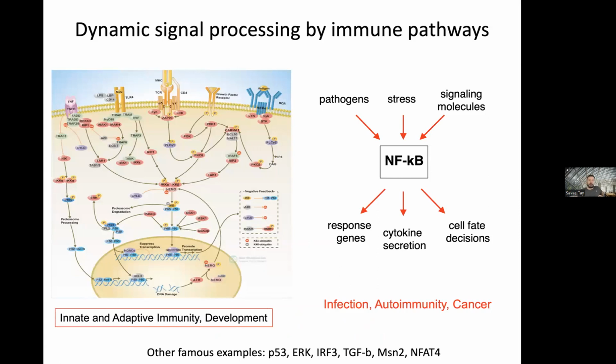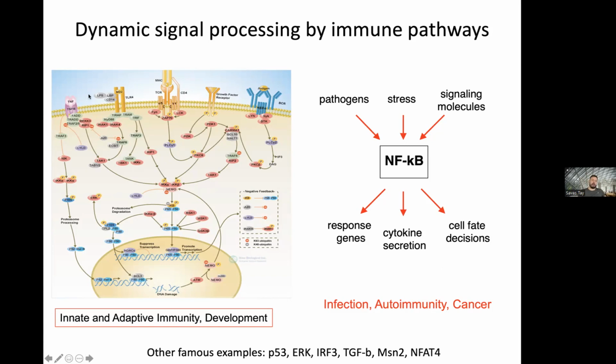Starting from this cartoon of the famous NF-kappa B pathway. What you see here on the screen, on the left side, is the network diagram, the proteomic network diagram of the famous NF-kappa B pathway. This is the cell membrane.